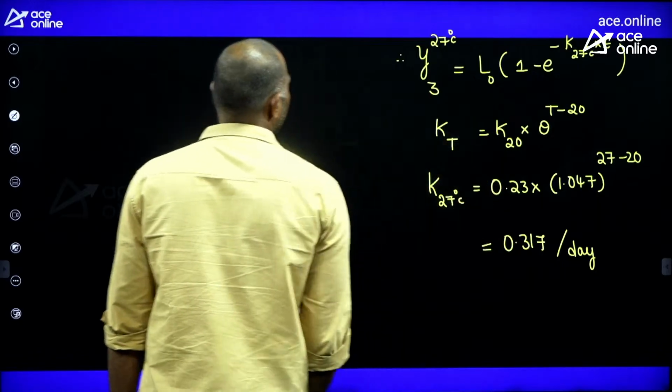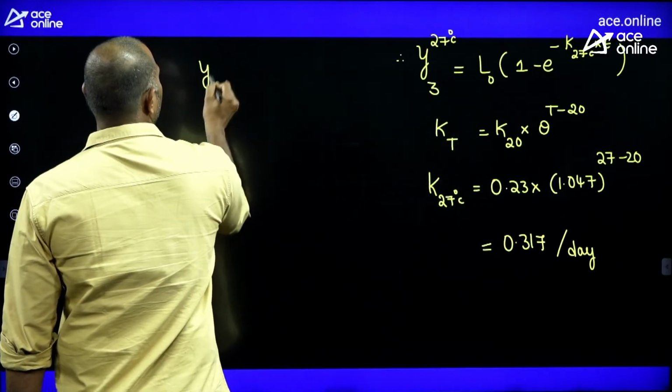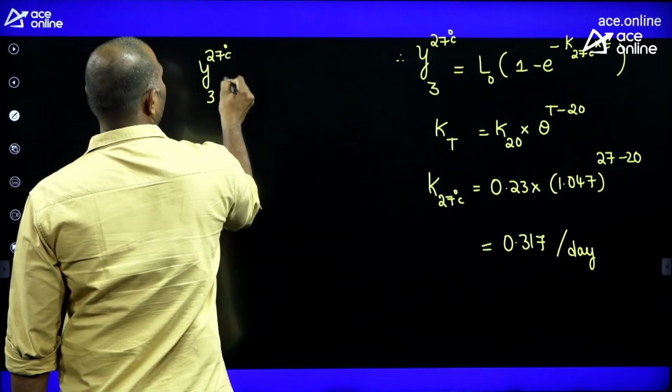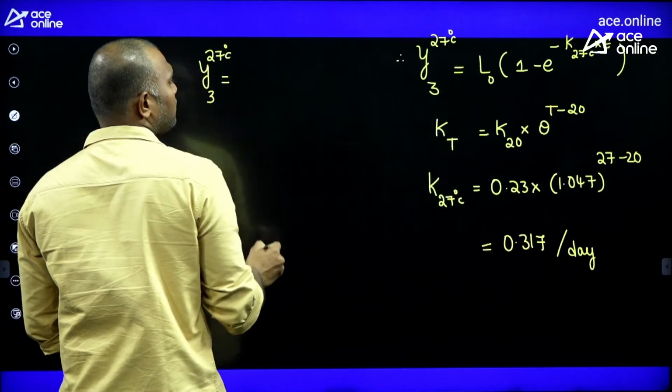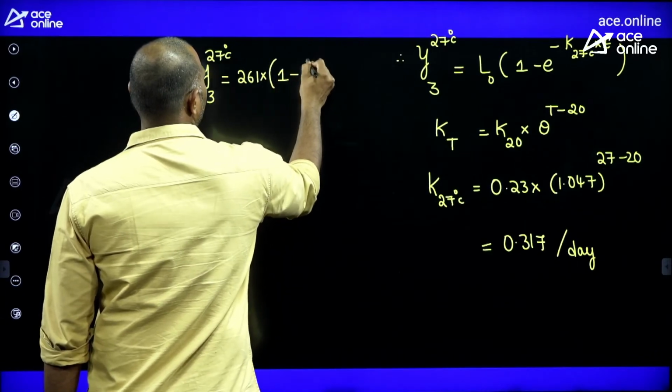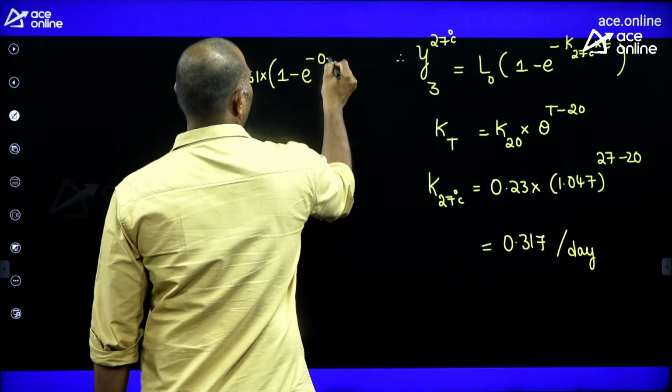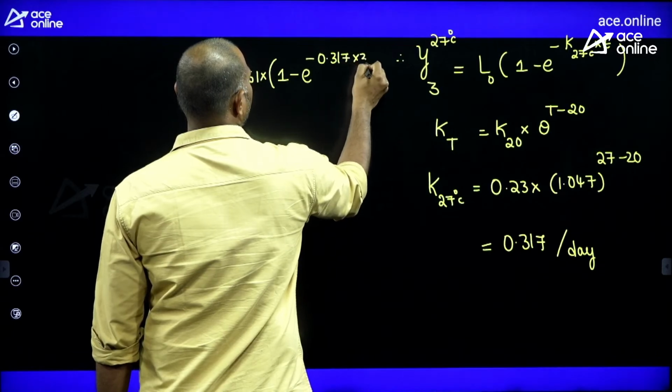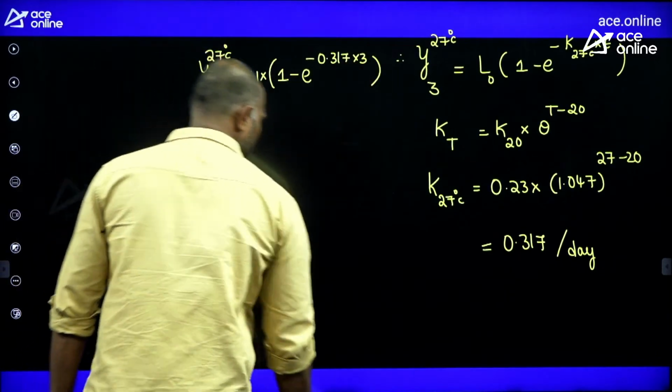So now substitute over there. So Y 3-day 27 degree BOD is equal to, what is L naught? 261 into 1 minus e to the power of minus 0.317. For how many days am I asking? 3 days. Find it out.